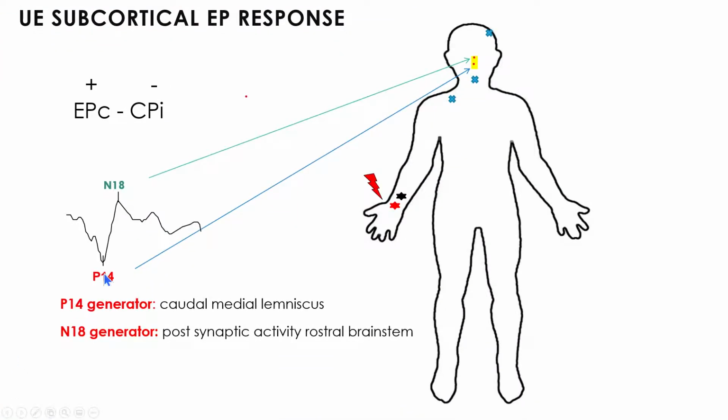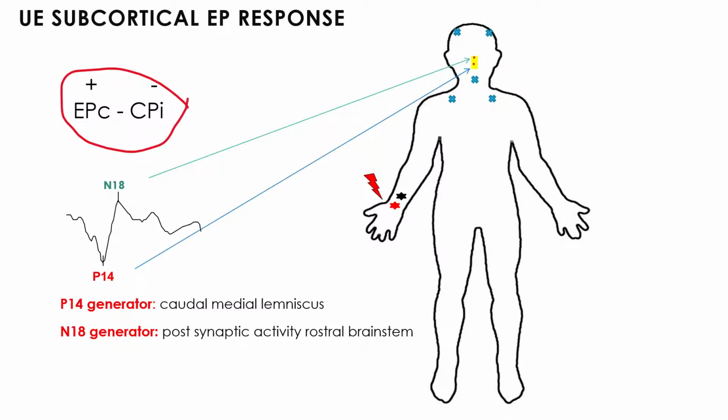Here's the P14 and the N18. That's a far field response. We're using the ipsilateral cortex, ipsilateral to stimulation, or the same side, and referencing it to the contralateral Erb's. And we're picking up that brainstem response. Again, here's the derivation of electrodes, the ipsilateral cortex and the contralateral Erb's.